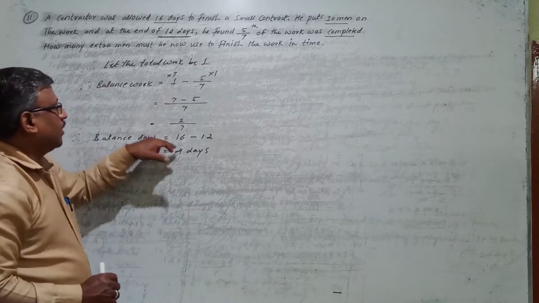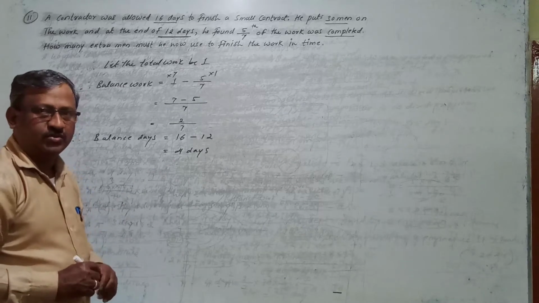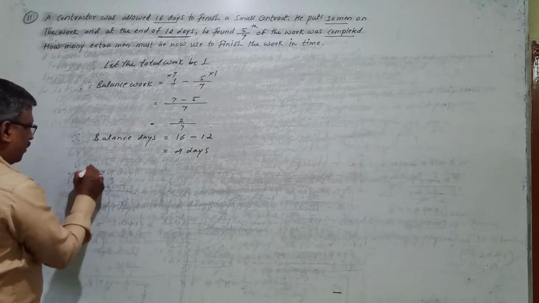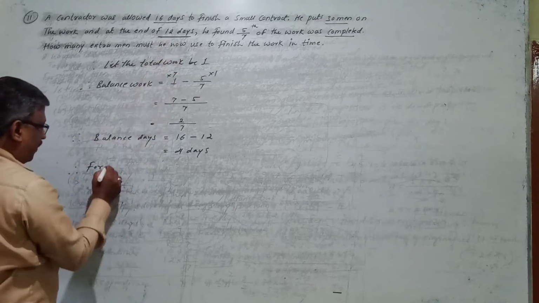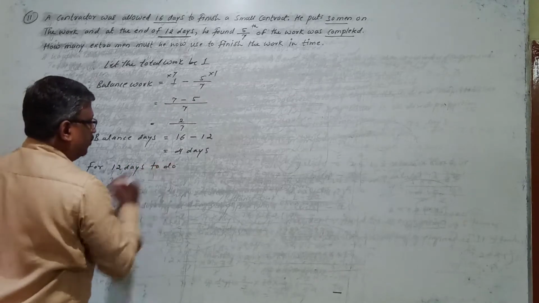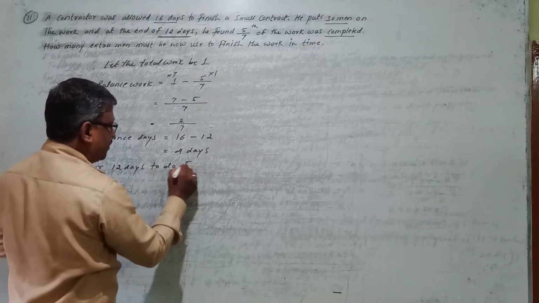So first you have to calculate the balance work and the balance days like this, and now you have to put the equation. So let's put the equation. How do you put the equation here? It is for how many days? For these 12 days. In 12 days, how much work has he done? 5/7 work he has done, right?